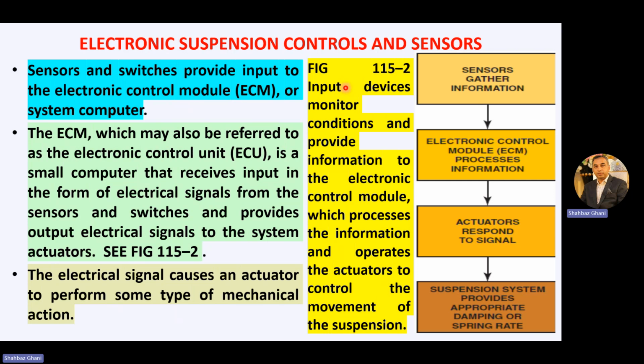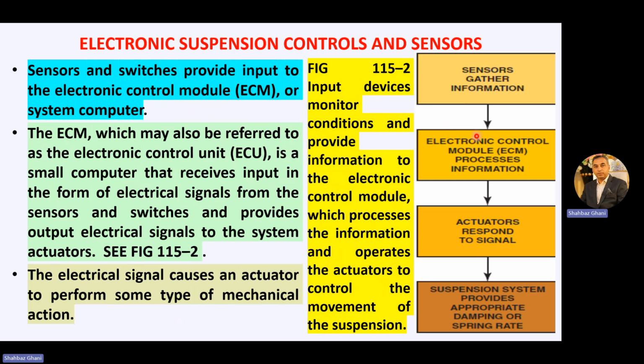Let's see this figure. Input devices monitor conditions and provide information to the electronic control module, which processes the information and operates the actuator to control the movement of the suspension. Sensors mounted at the wheels and the suspension system gather information.